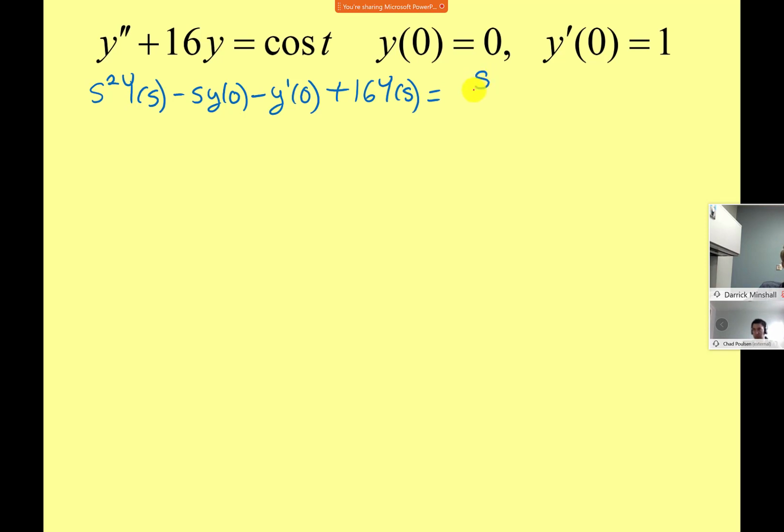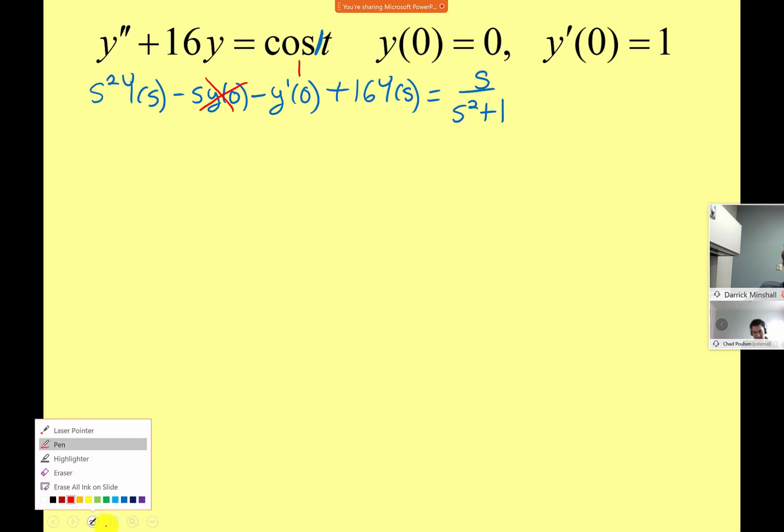So I know that's s over s squared plus whatever's in front of the cosine squared, so 1. Let's go ahead and put in our initial values. Y of 0 is 0, so that one's gone. This one's a 1.